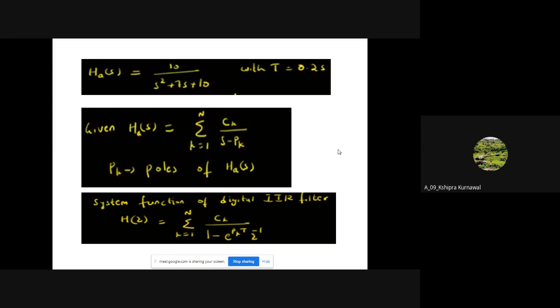Find H of Z using the impulse invariance method. Okay. Now can you solve it? क्या करना है यहाँ पे अभी? How can it be solved? Can anyone tell me?